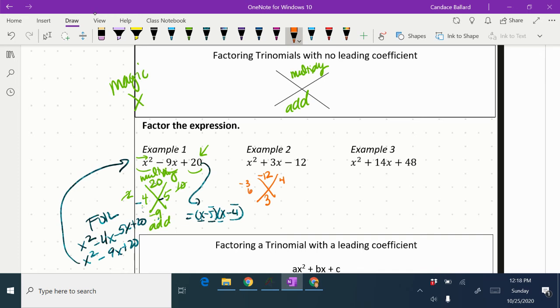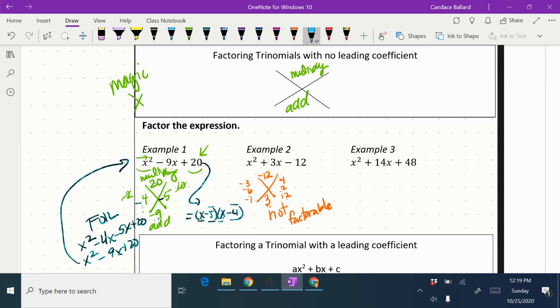I'm going to try 6 and 2. 6 and 2 both multiply to 12, but I don't see even making one of them negative somehow that either one of them add to 3. My only other possibility is 1 and 12. 1 and 12 definitely multiply to negative 12 because I can make one of them negative, but none of them are going to add up to 3. So in this case, and this will not happen on every problem, it's very rare actually, we would say that this is not factorable.